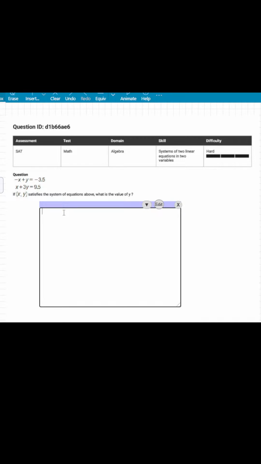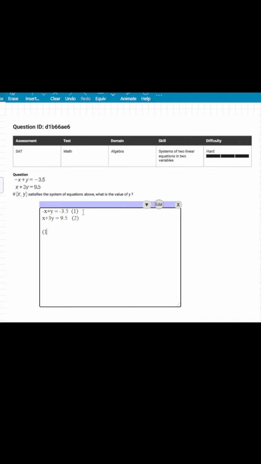Okay, so let us write it down. Minus x plus y is equal to minus 3.5, then x plus 3y is equal to 9.5. Now we see that to eliminate x, we can just add these two equations, and then we'll only have y. So let us add equation 1 and 2. Let me write it as 1, and this will be 2.